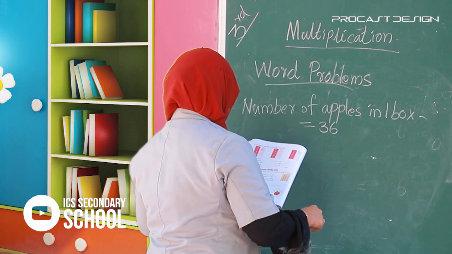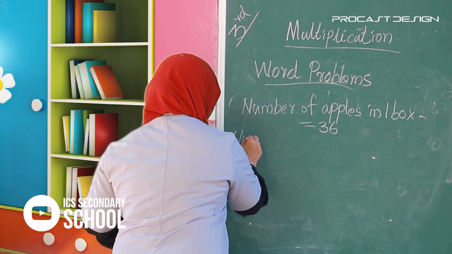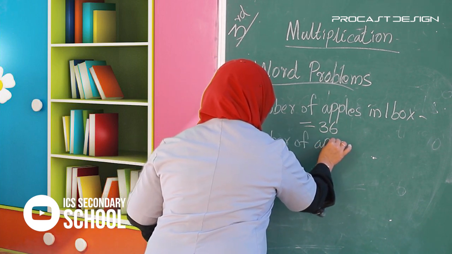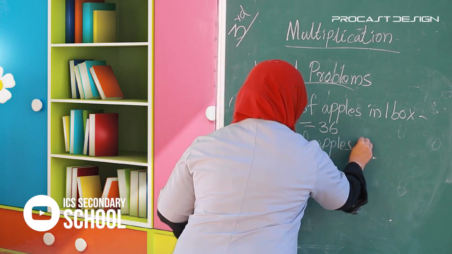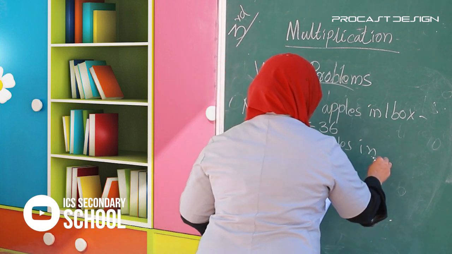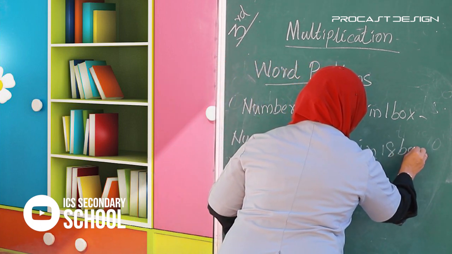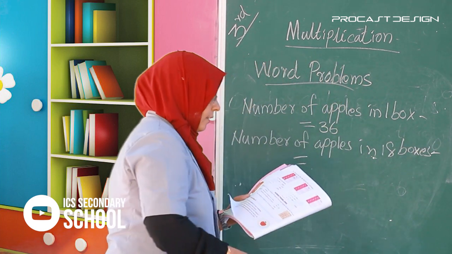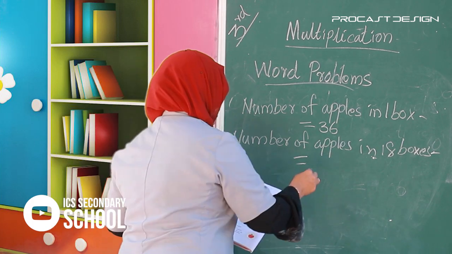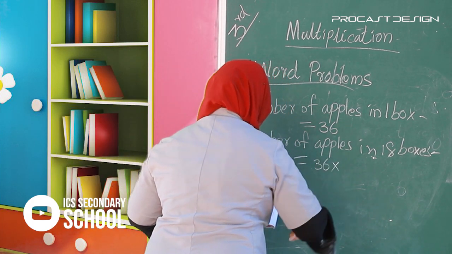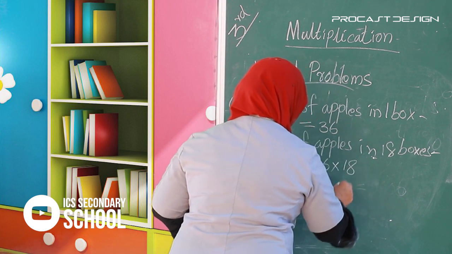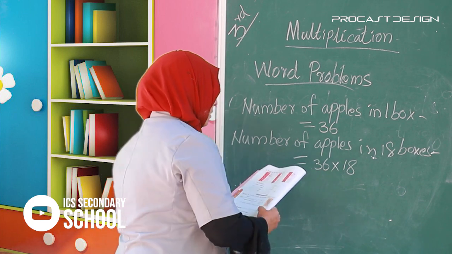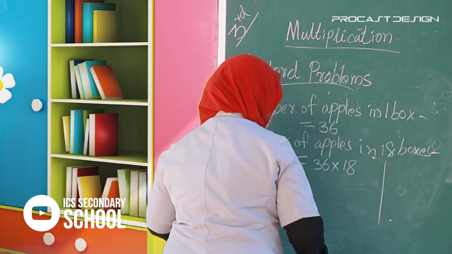Next, number of apples in 18 boxes equal 36 into 18. Listen. 36 into 18.